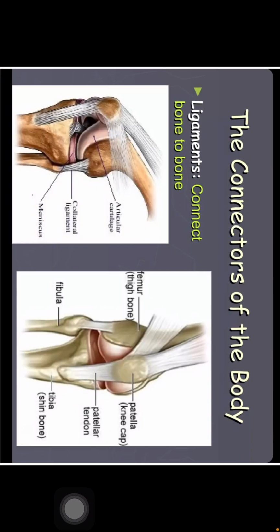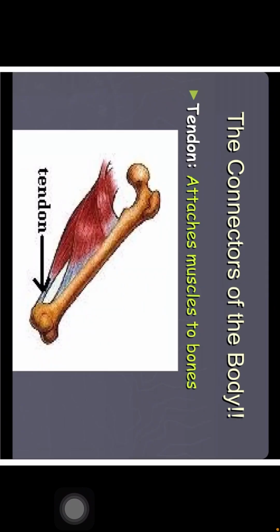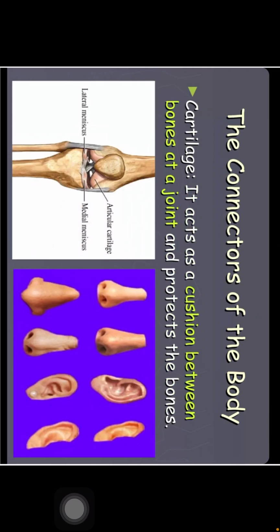So next are the connections of the body. Ligaments connect bone to bone. Tendons attach muscles to bones. And then cartilage acts as a cushion between bones at the joints and protects the bones.